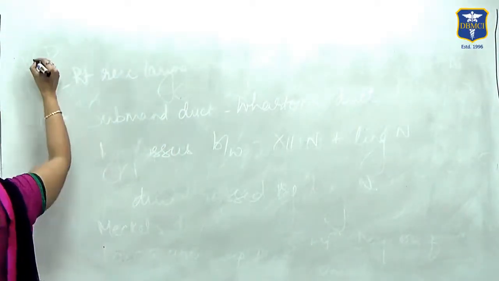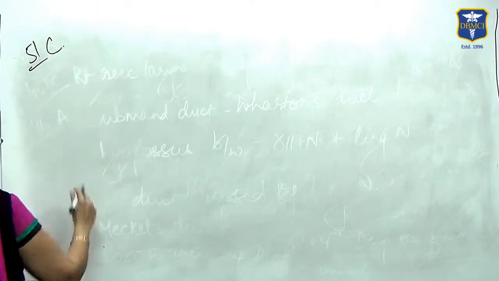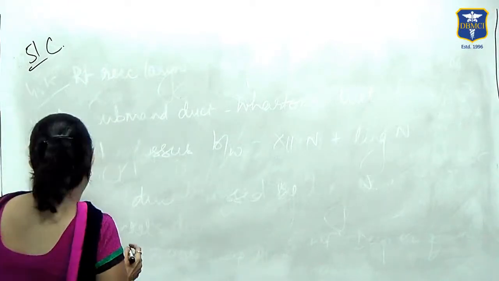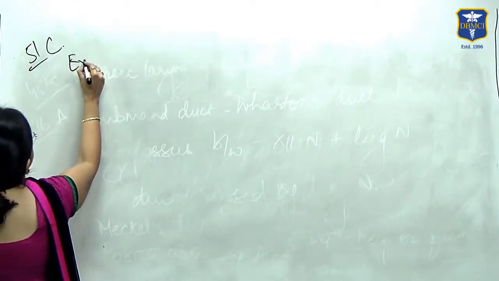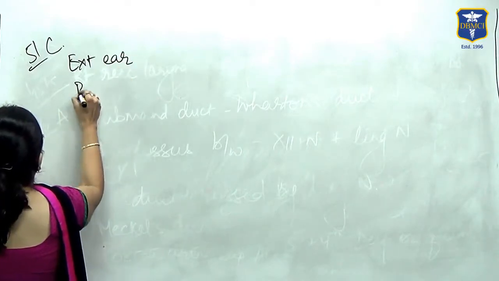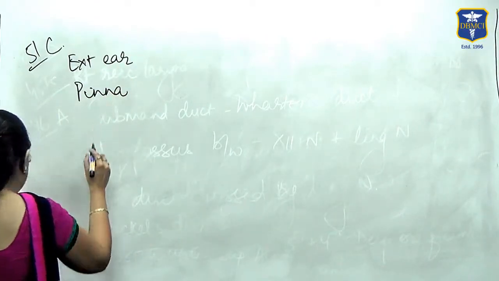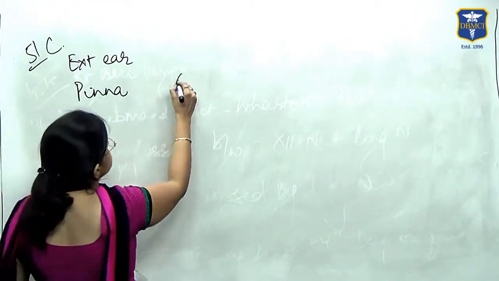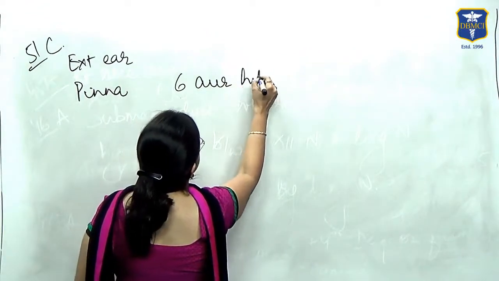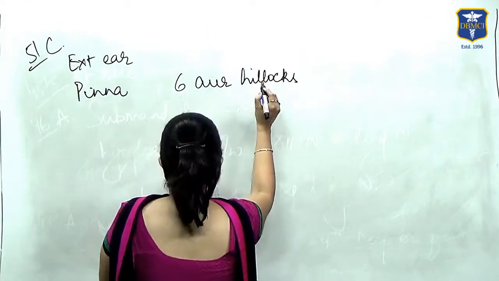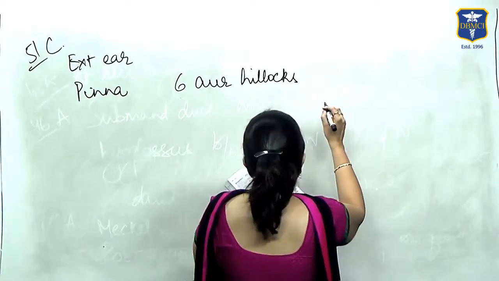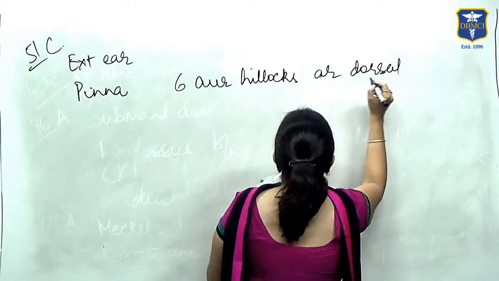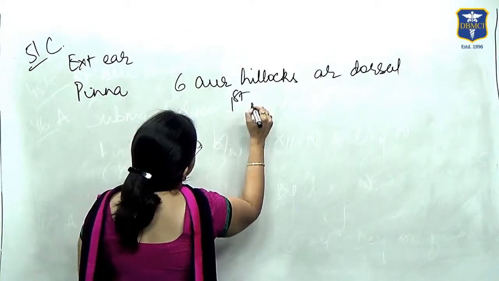Question 51, the answer is C. Let us look at the development of the ear. External ear. The pinna develops from the fusion of 6 auricular hillocks around the dorsal part of the first pharyngeal ectodermal cleft.